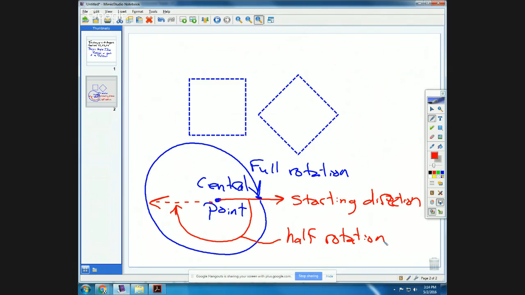What I did from this shape to this shape right here, if I did a quarter of a rotation, they would look the same. So from here to here, I did 1/8 of a rotation. Does that seem reasonable?